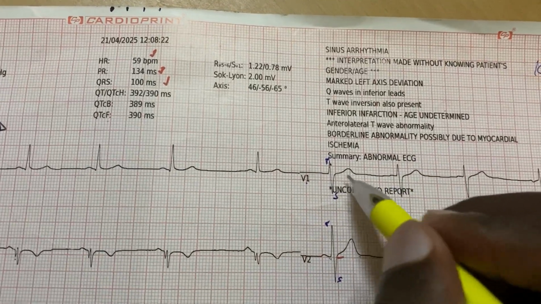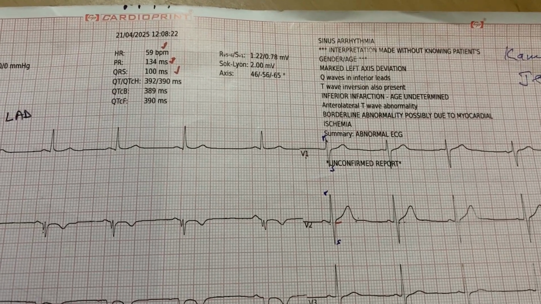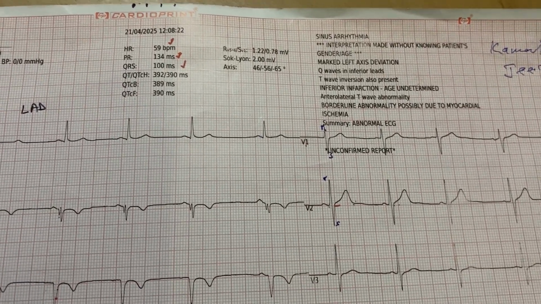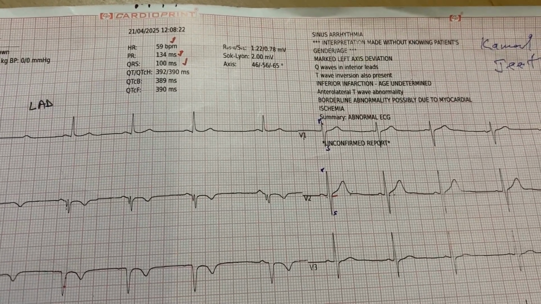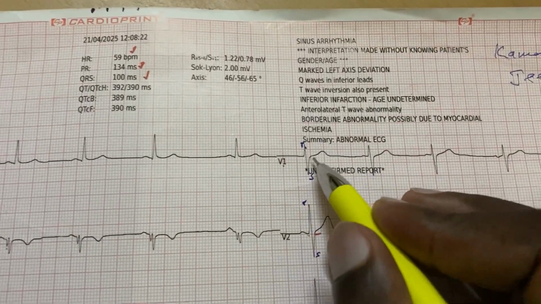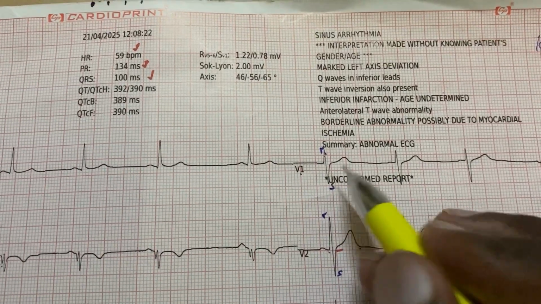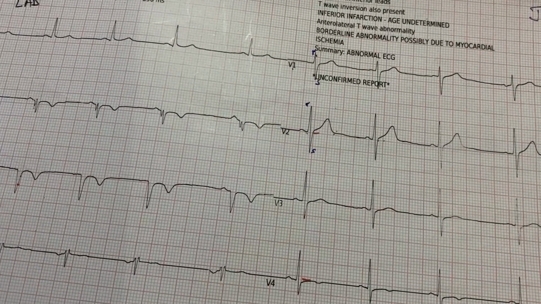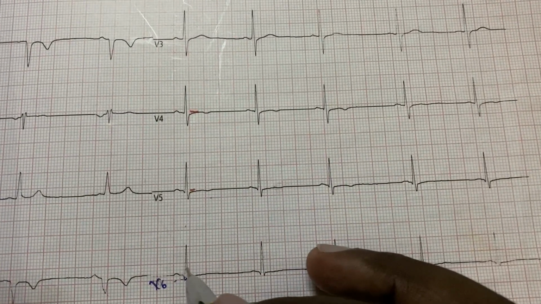Next, the depolarization net will be moving from the positive electrode of V1 to the positive electrode of V6. From right to left. So it will be shown as a negative wave, that is S in V1, and it will be shown as a positive R in V6.